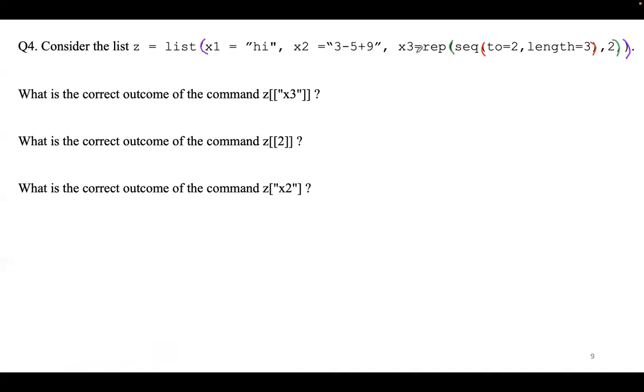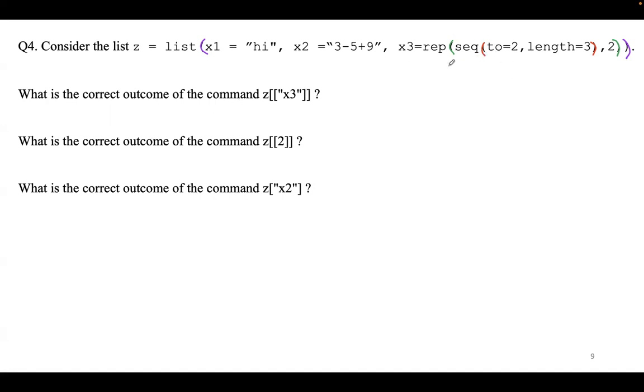Again, how to do it is you open the innermost bracket first. So this is 2. So you have to go till 2 in length of 3. And when nothing is specified, you assume an increment of 1.